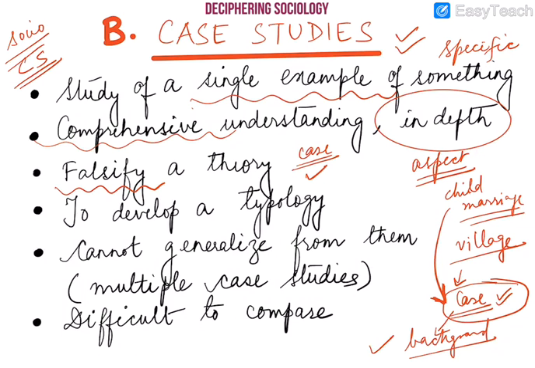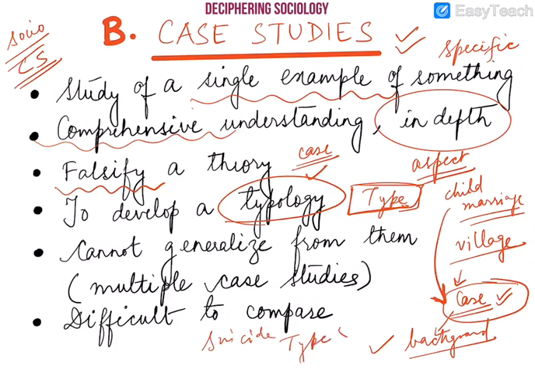I can also perform case studies to develop a typology, a new classification of any particular event. For example, Durkheim gave 4 types of suicides, and let's say another sociologist wants to come up with another typology of suicides, let's say type 5. Then first they will go for a case study.